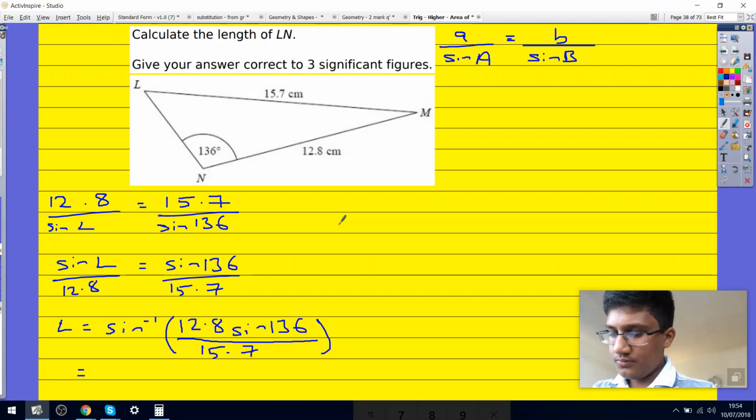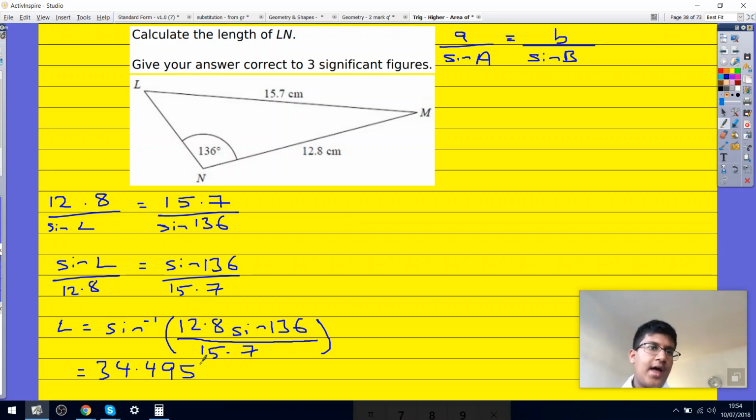So we get 34.4958 for the angle there in degrees.